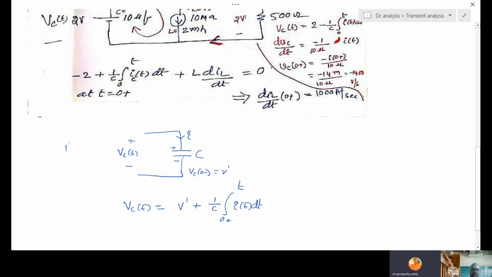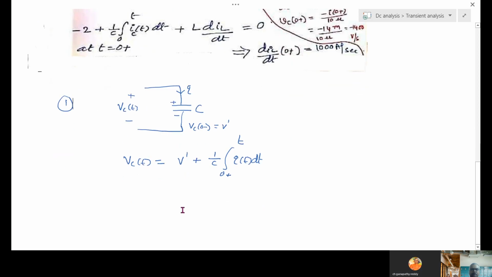In this case, it can be reversed. Vc 0 minus may be minus V prime, with the current going like this.